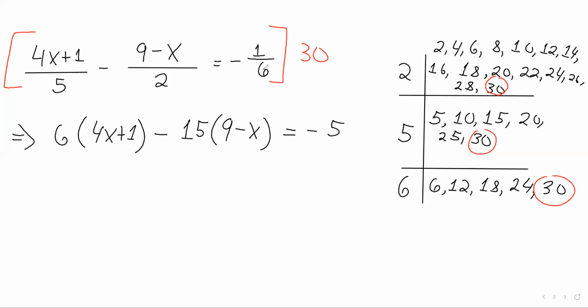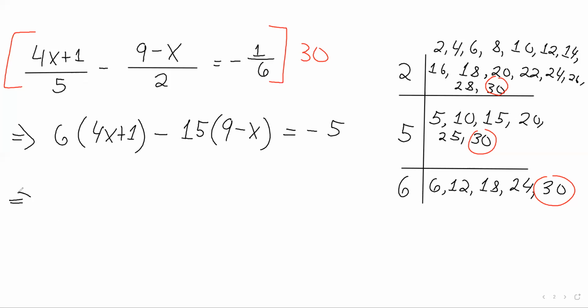Good. So remember, I'm multiplying that 30 to the numerator. A lot of people ask, well, could I distribute my 30 to my 4x plus 1? You could do that, but it's just going to be longer and more complicated.